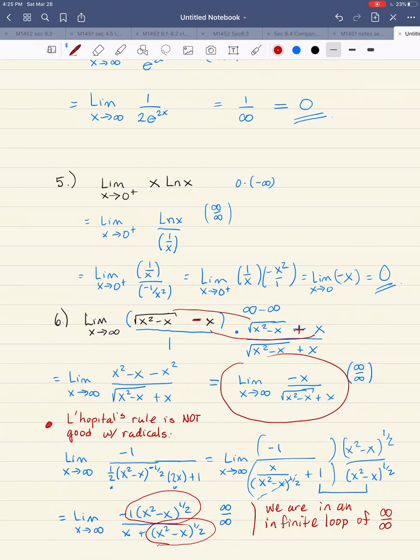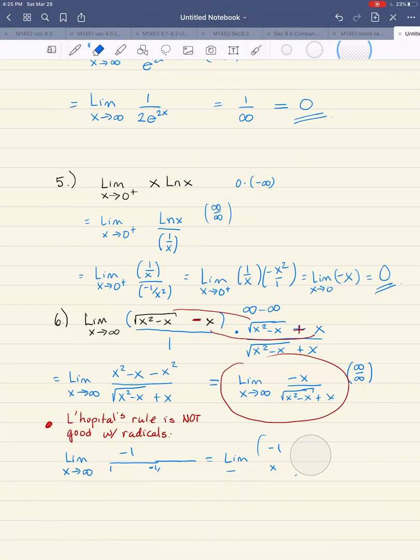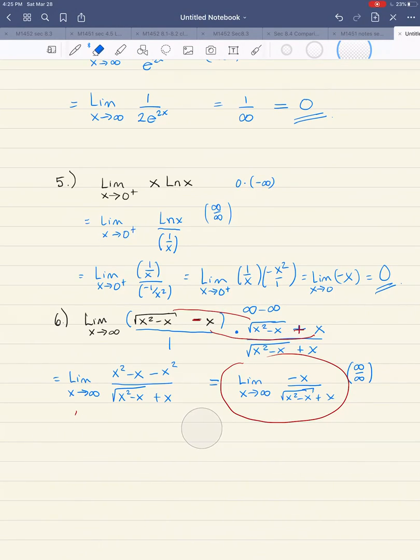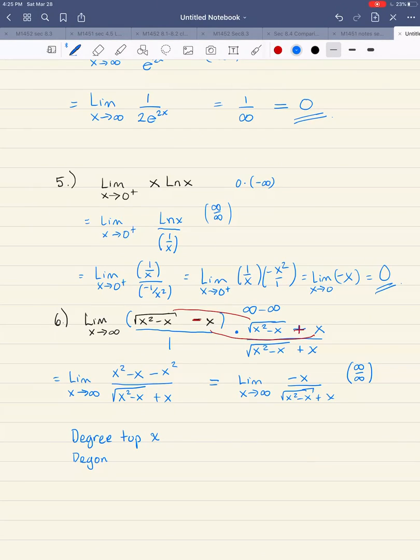So let's go back to the expression that I have circled and see if we can evaluate this limit the way we did in the last section. So whip out my eraser. Let's rub all this stuff out because it didn't work. And let's go back here and look at how we would do that with the last section. With the last section, we looked at the degree on top. The highest degree on top is x to the first power.